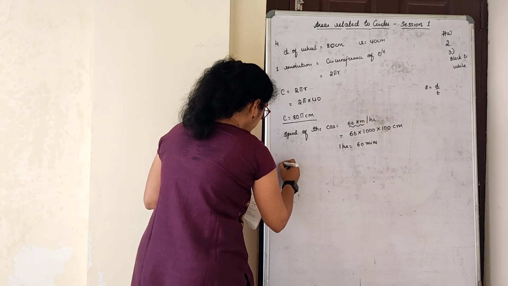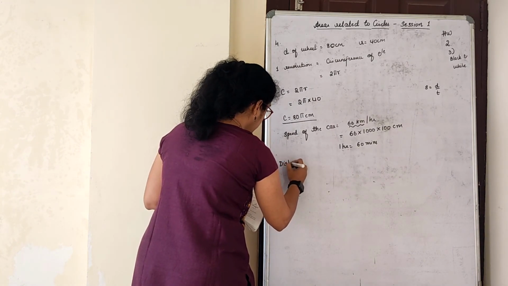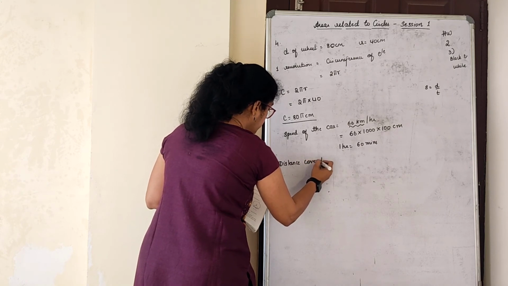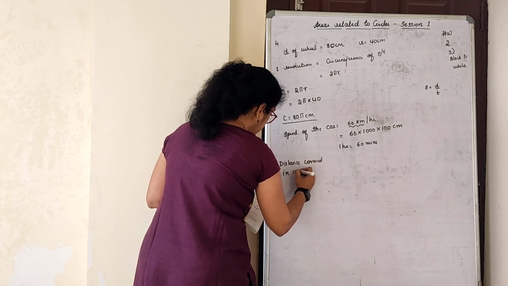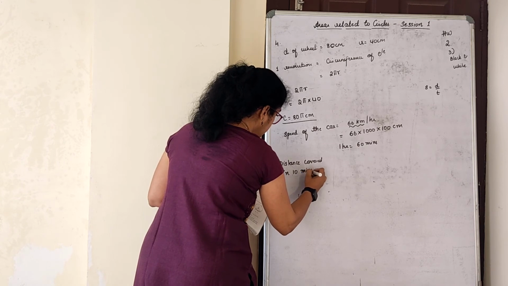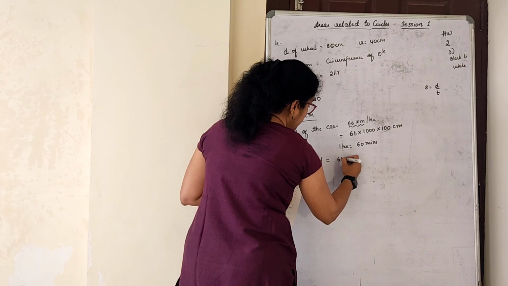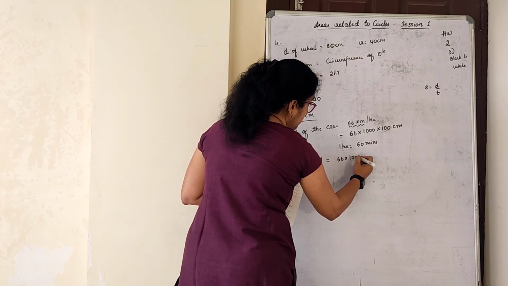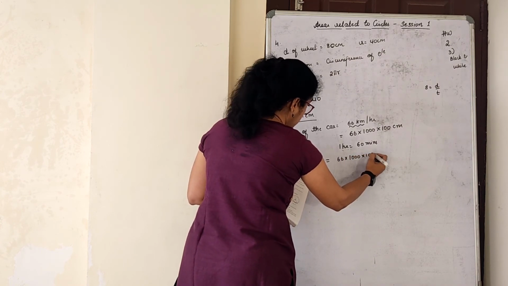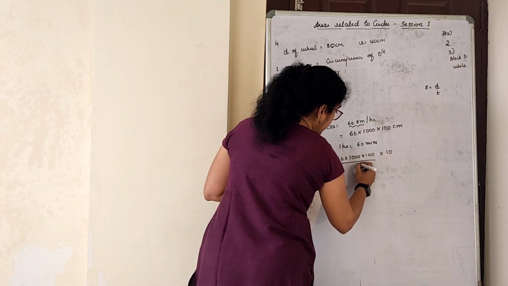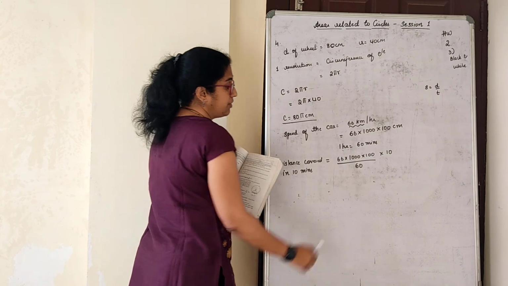Now, distance covered in 10 minutes is equal to 66 into 1000 into 100 into 10 divided by 60, right?